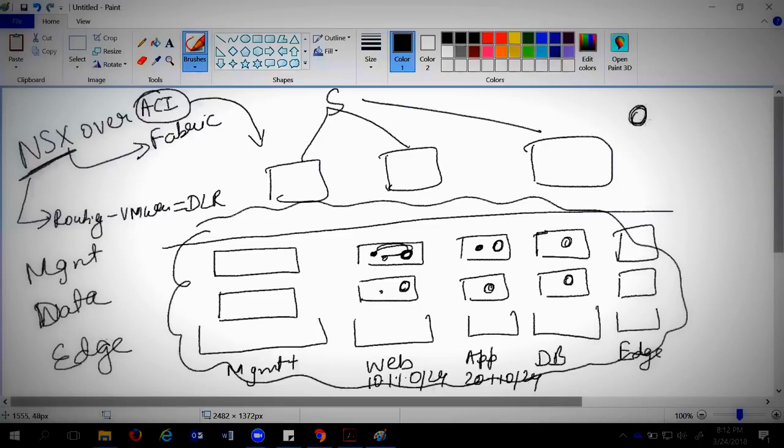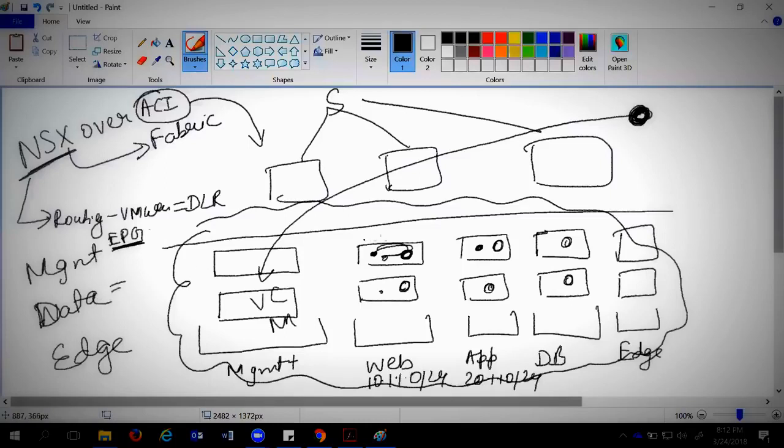Whenever we have any kind of control center, it will get connected to your VC or NSX manager and many other things like your controllers, because you still have the same concept of controllers in NSX also. So that will be our management network, which is equivalent to the EPGs that you would create on the ACI side.